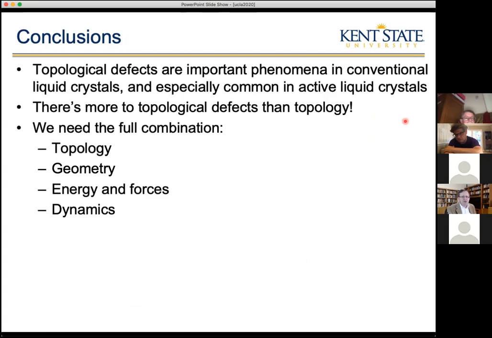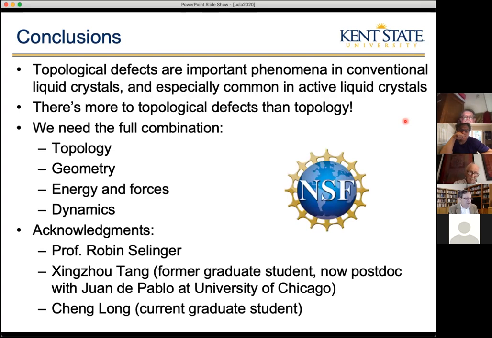There are all these other aspects of geometry and interactions and dynamics that we want to keep in mind as well. And I will thank my collaborators here, Robin, who many of you know, and former student Xingzhou Tang, current student Cheng Huang. I thank all of them and NSF for support, and thank all of you.